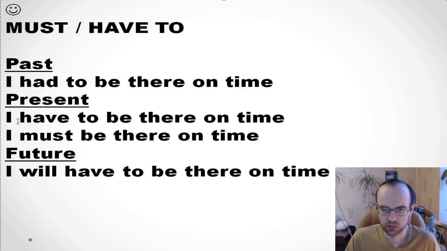Good. If we are talking about the past, must or have to, only had to. I had to be there on time. And we use will have to for future. I will have to be there on time.